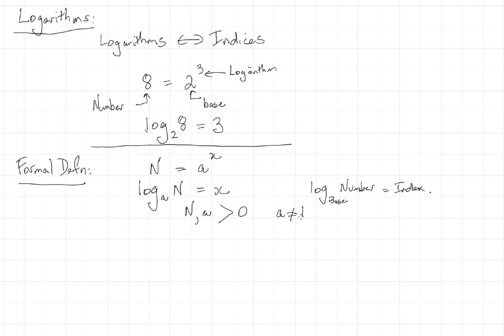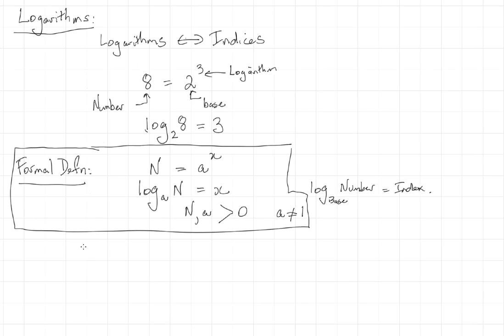It makes no sense to have a base of 1. You can't. 1 to any power is just going to be equal to 1. So n and a have got to be positive, and a cannot equal 1. So this is a formal definition, if you like, of what a logarithm is. That means we can have the base of any number.